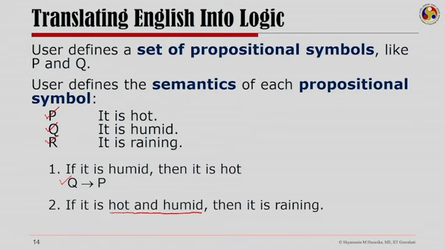So, this one I would write like P, that is it is hot, and Q representing it is humid. So, I write the premise as hot and humid and the conclusion as raining, R. So, I would write that if P and Q then R. This would mean if it is hot and humid then it is raining.